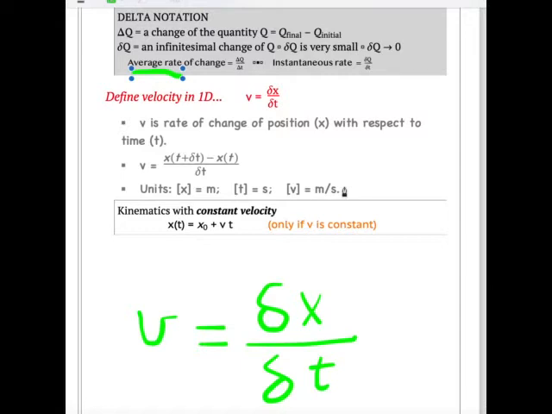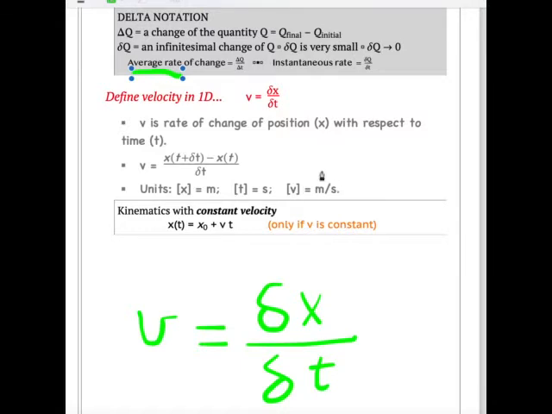Or I should say, that's the unit we mostly use. Now, we could use other units. We could use miles per hour. If you're driving in your car on a straight road, you'll be observing the speedometer, which is presumably calibrated in miles per hour, or maybe kilometers per hour, not meters per second.